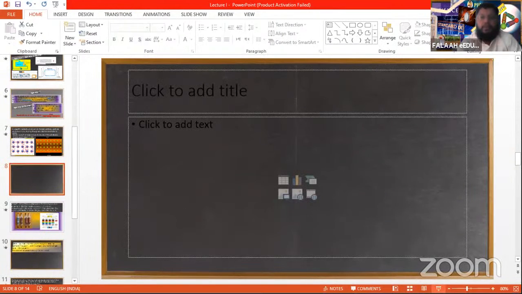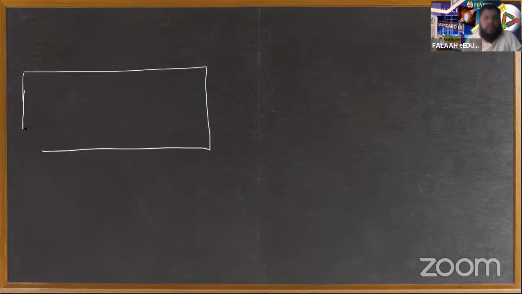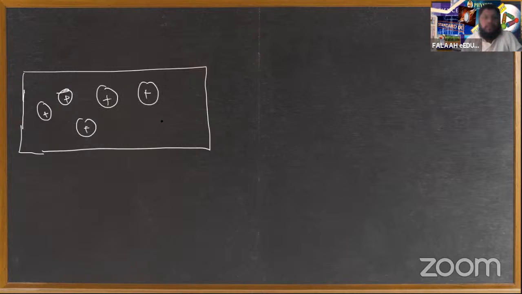So how is the electron moving? See, this is my one conducting material. This is the conductor. These are the atoms, protons and neutrons, the nucleus.